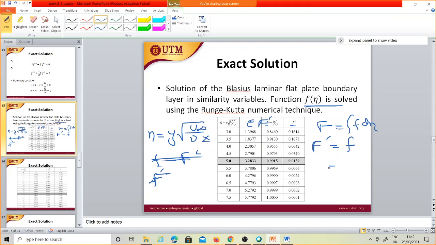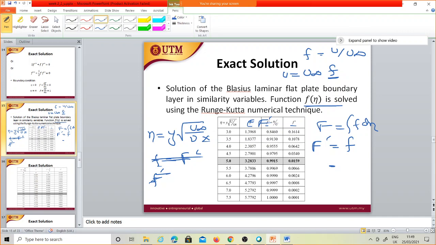And if you remember, what is small f? u is equal to u infinity times f, right? So f should be u by u infinity. So this column is actually doing the same. Capital F prime is small f, and that is u by u infinity, the ratio.